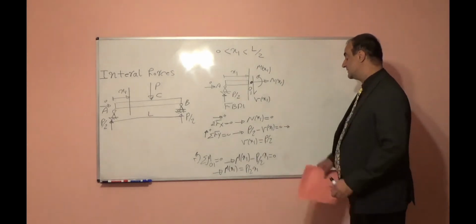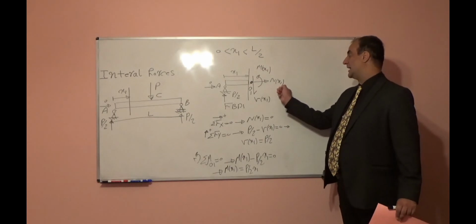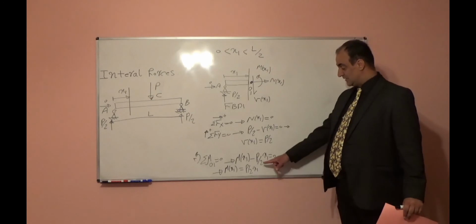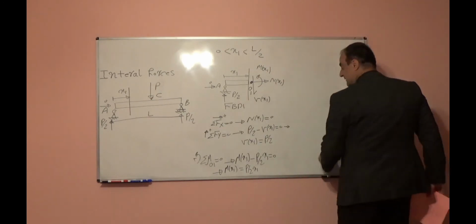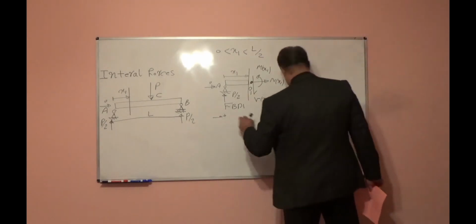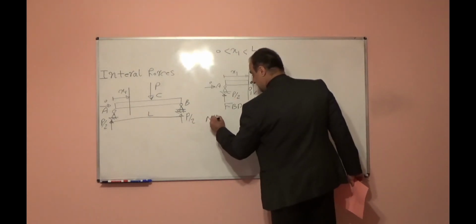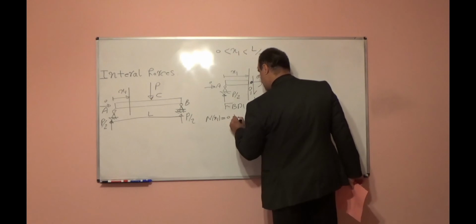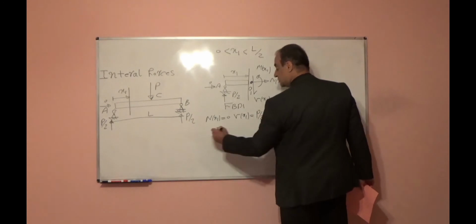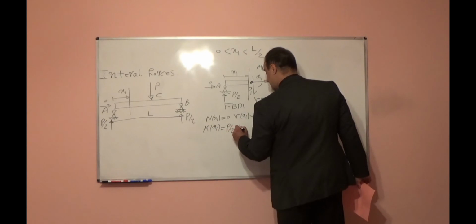So I found in this free body diagram the axial force equal to 0, shear force P over 2, and bending moment P over 2 times x1. Because I don't have enough space, I will only write the final result here. So I will remove those. I will write nx1 equal to 0, vx1 equal to P over 2, and mx1 is equal to P over 2 times x1.